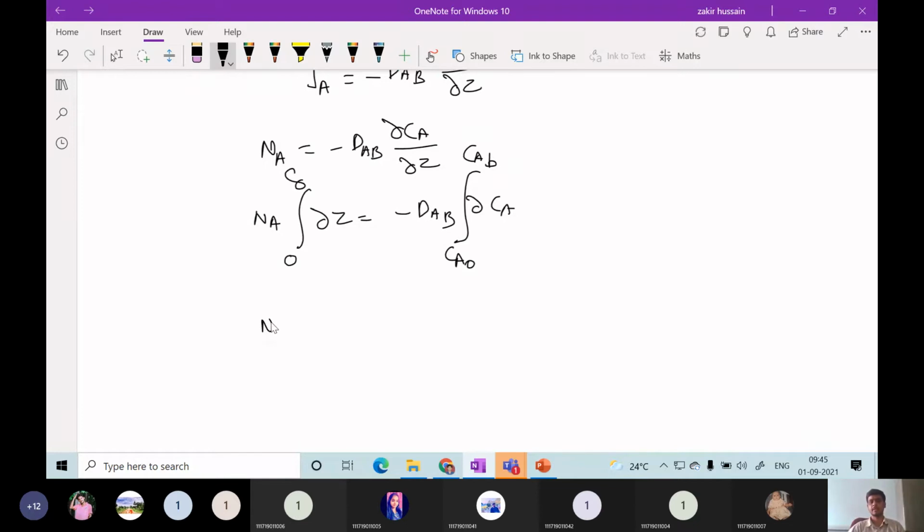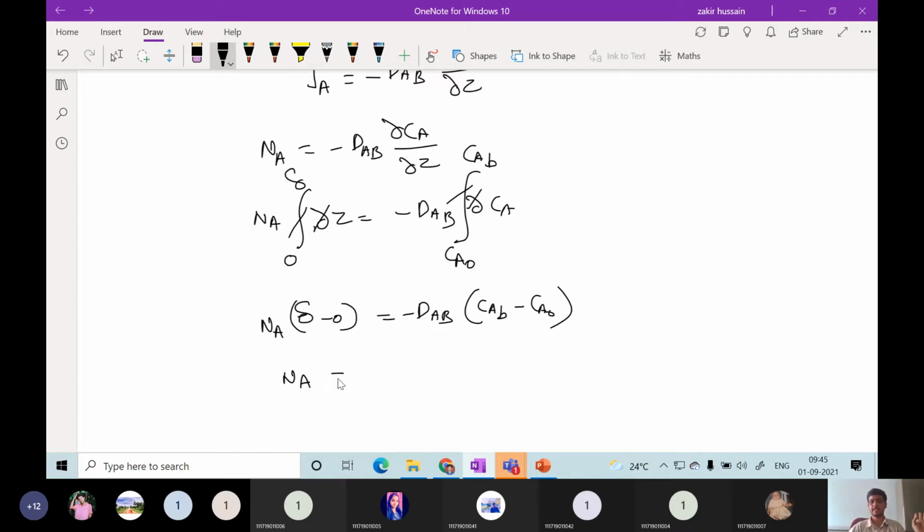Now we can integrate this; the derivative and integral will cancel. This is a direct simple integral: NA times delta minus 0, upper limit minus lower limit, is equal to minus DAB times CAB minus Ca naught.